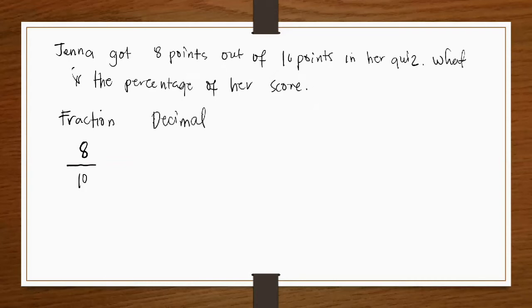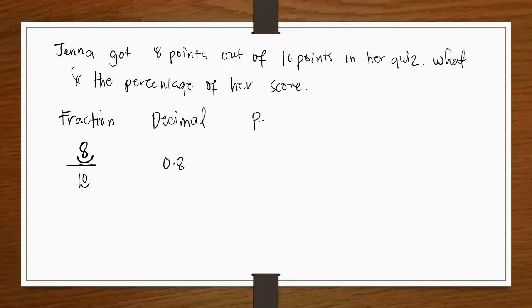Since 10 is a power of 10, we have one 0. We can move the decimal point 1 place to the left. So from here, it moves to the left 1 decimal place kasi meron lang tayong 1, 0 sa ating denominator. So it becomes 0.8.